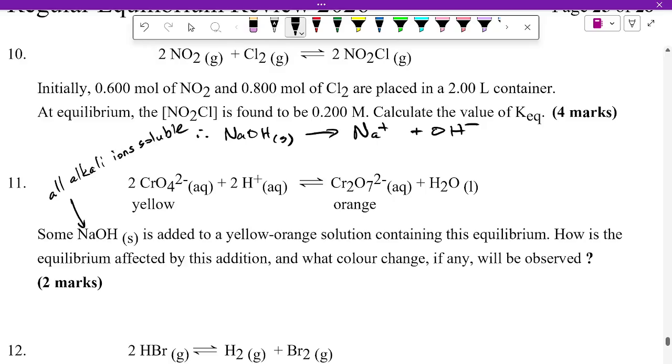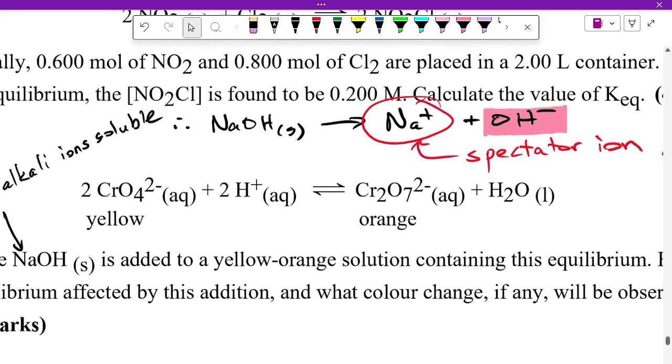Now, do we care about both of those ions or just one of them? We just care about one of them. Which one do we care about? We care about the OH because Na doesn't react with anything because it's an alkali, it's soluble with everything. That means that Na+ is going to be a spectator ion. Now, who can hydroxide react with?